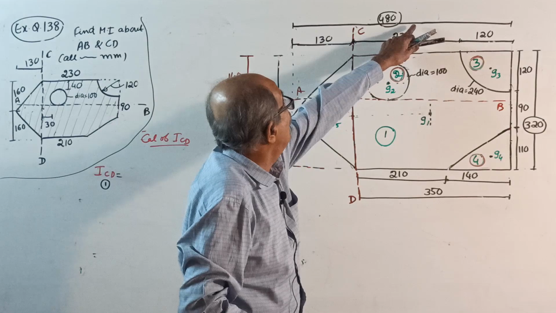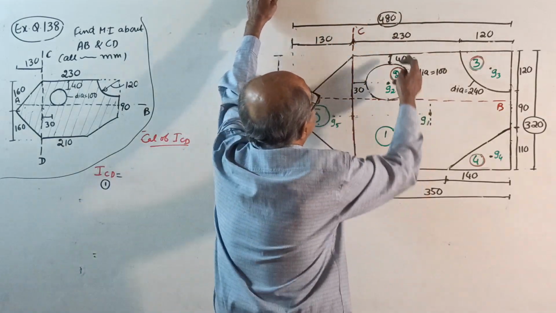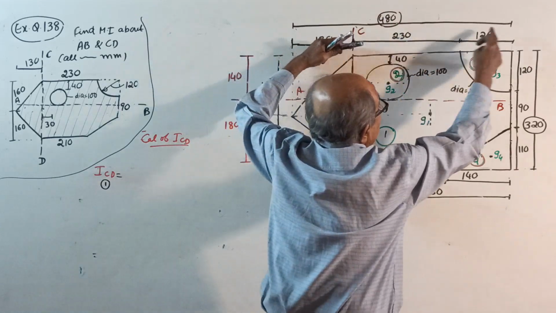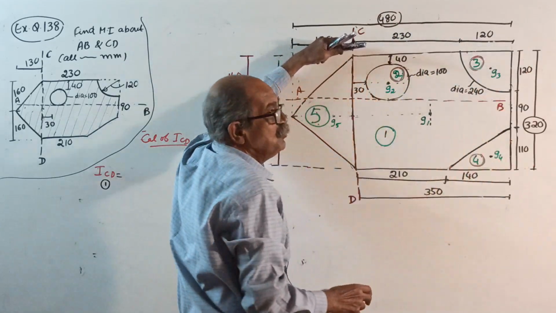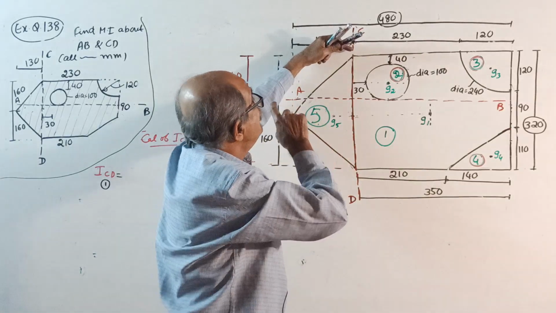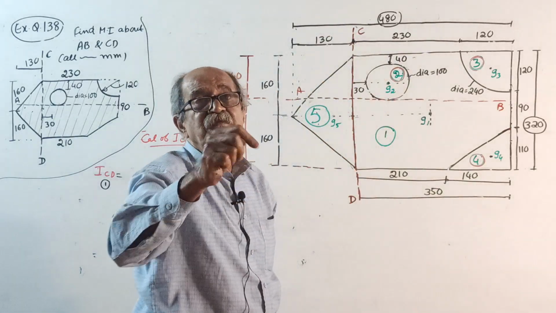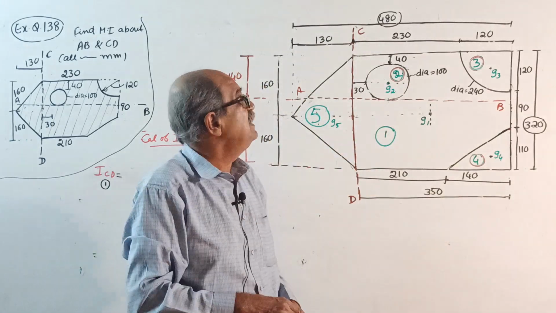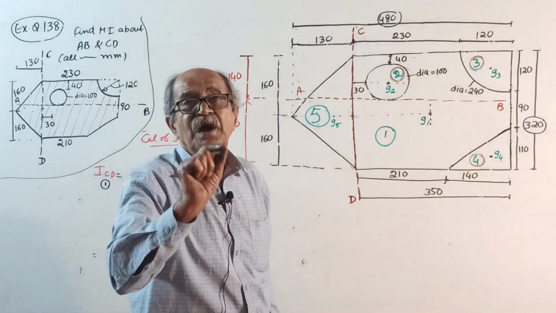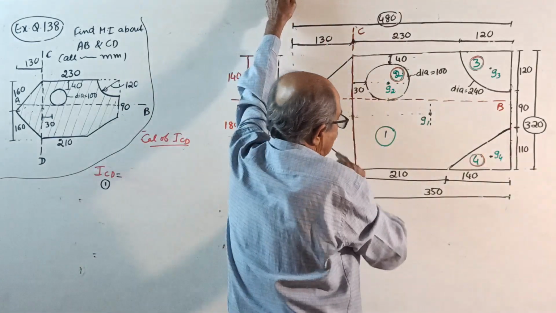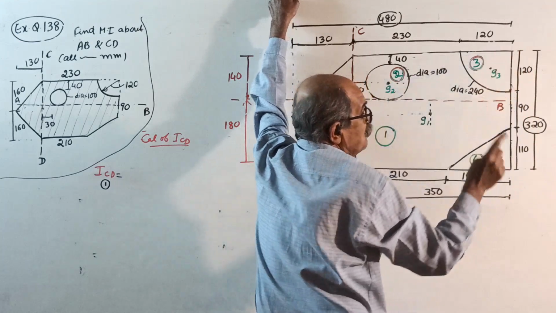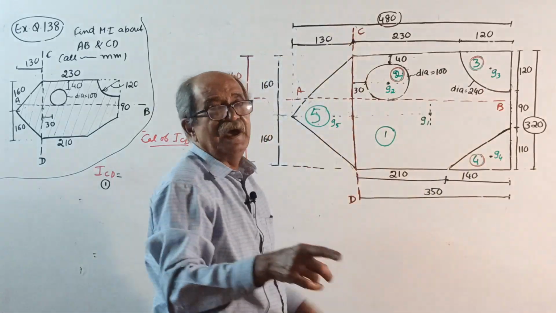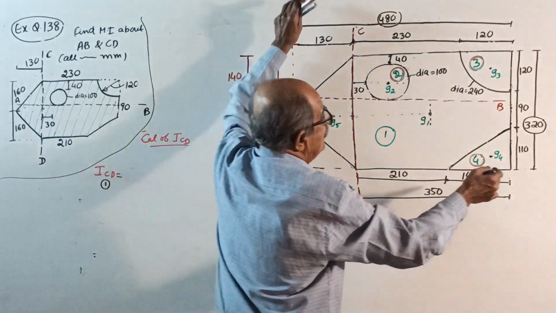I should have written, see, last class, I wrote that 350 there only. Okay, last time it was 350 into 320 cube by 12 plus area, 350 into 320. See, last time, when I found I about AB for part 1, if by mistake I put 480, you correct it to 350 into 320 cube by 12 plus 350 into 320 is the area into distance square. Correct it.